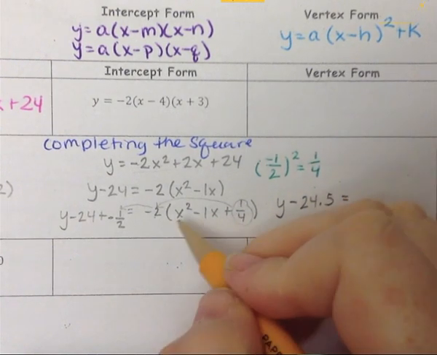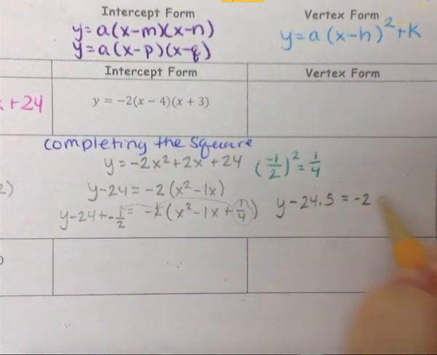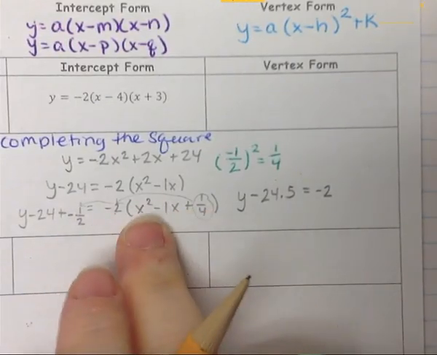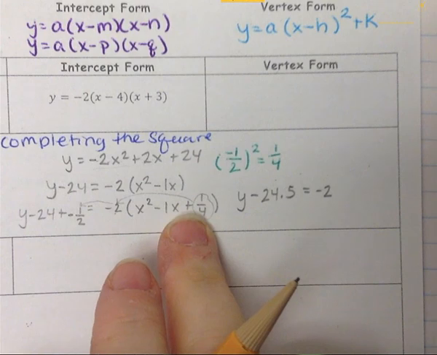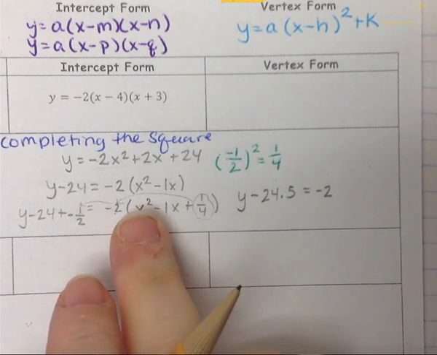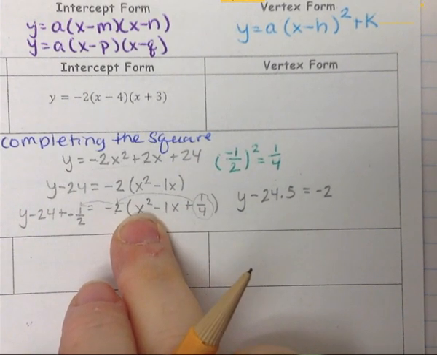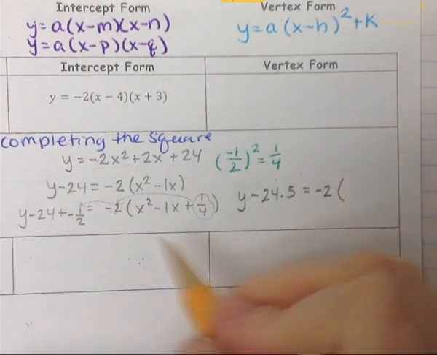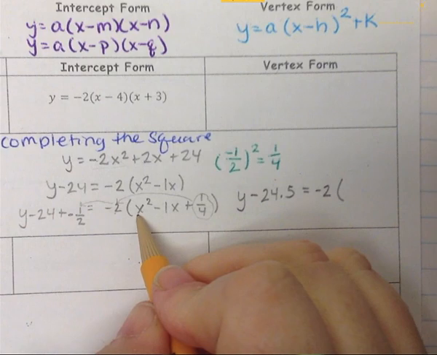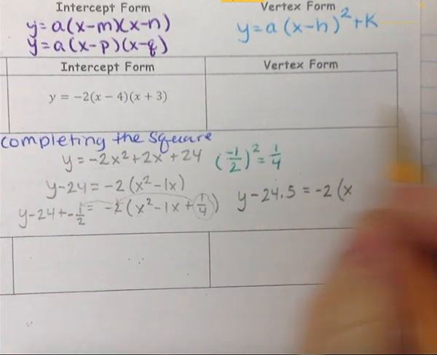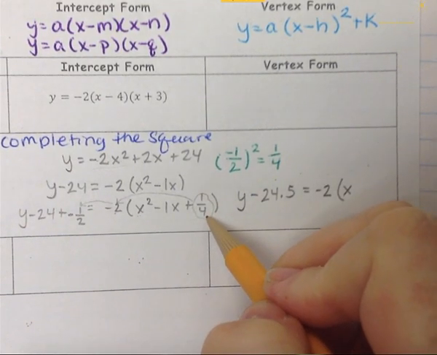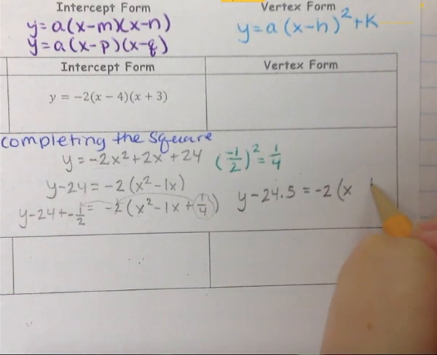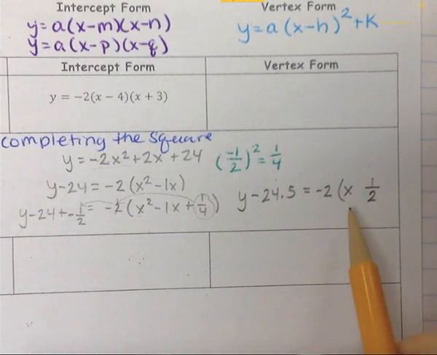That is equal to, I still have that negative 2, but since we've created a perfect square trinomial, we can factor this by taking the square root of the first term and the square root of the third term. The square root of x squared is x. The square root of 1/4 is, if I take the square root of 1 and the square root of 4, 1 over 2.